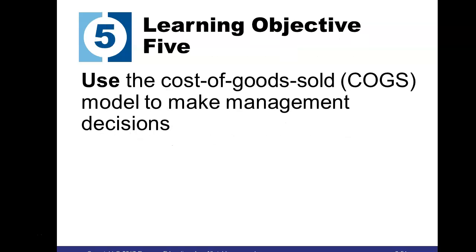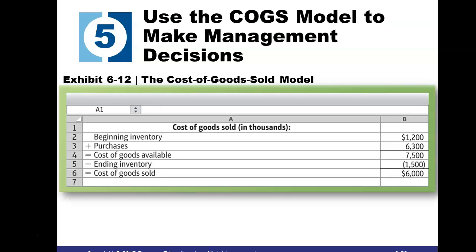So how do we use cost of goods sold to make management decisions? Again, how do we calculate it? We want to take beginning inventory plus purchases, and we already talked about how to calculate purchases. That gives you goods available for sale. Now, from that goods available for sale, we want to see what inventory we have left that we have not sold, and we want to subtract that number, and that gives us our cost of goods sold.